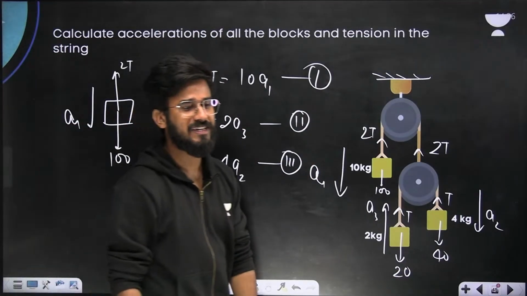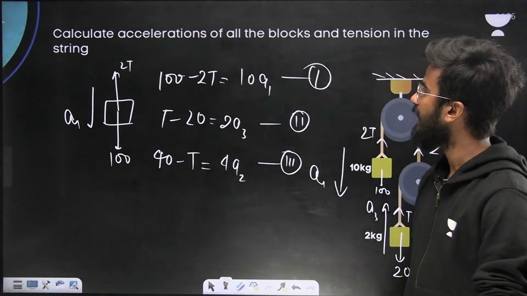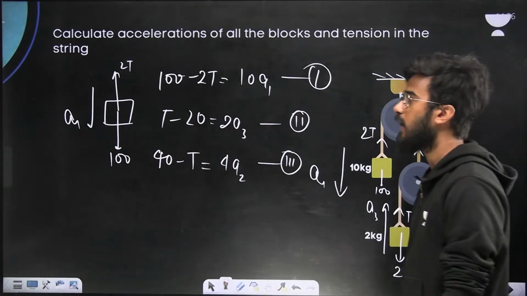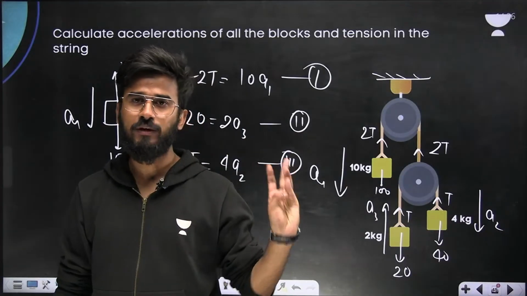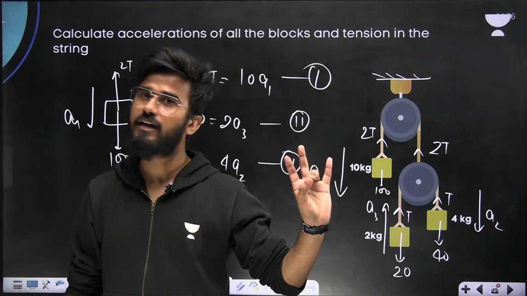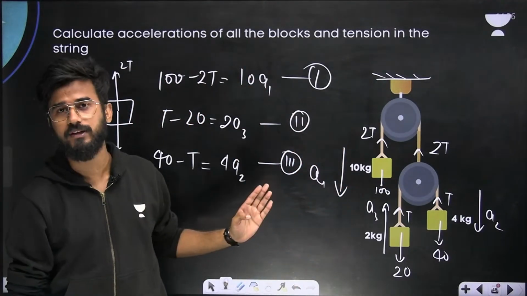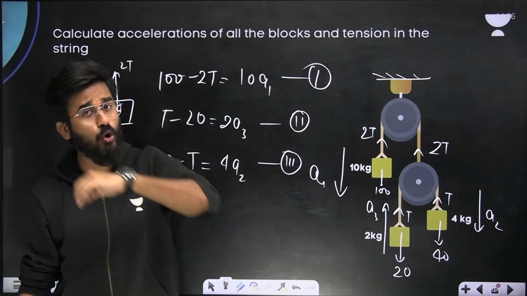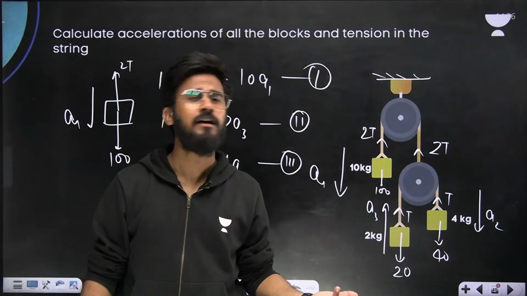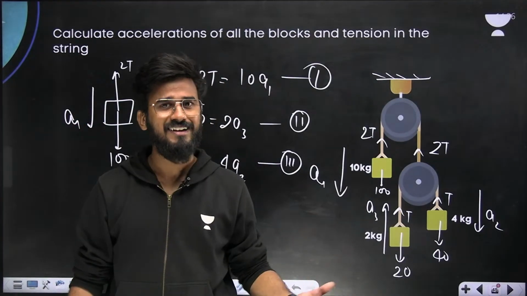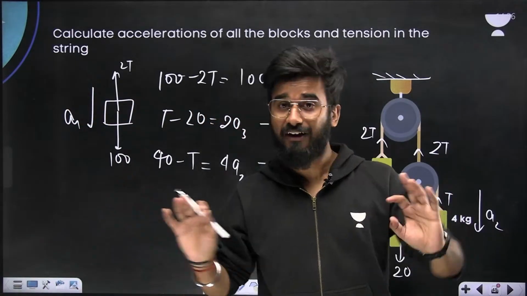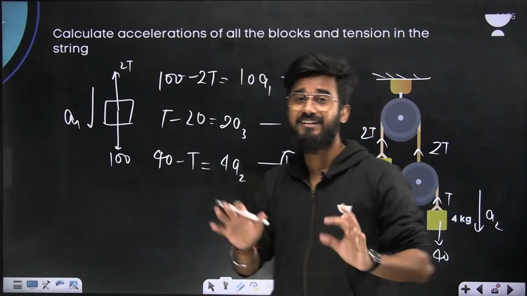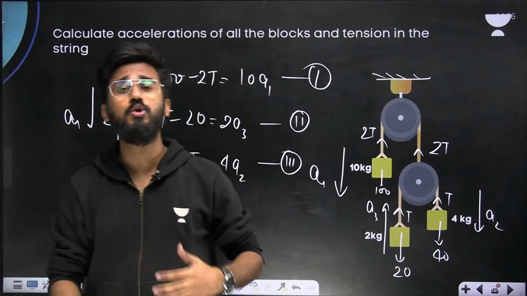Now just look at the beauty of this question. How many variables do we have here? Just count with me. A1, A2, A3, and tension. There are 4 variables in these 3 equations. Can we solve 4 variables in just 3 equations? It is impossible to solve.